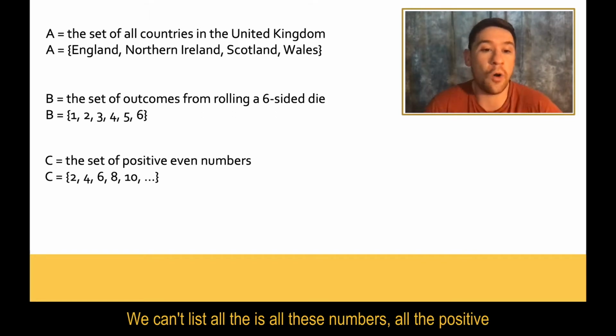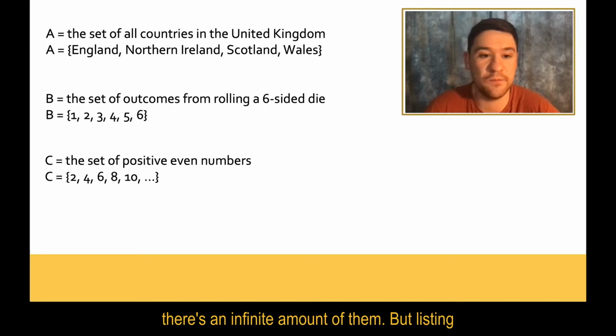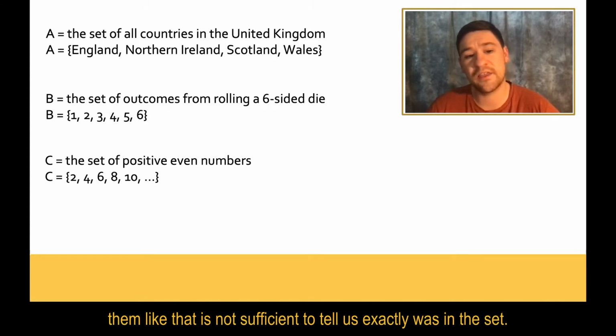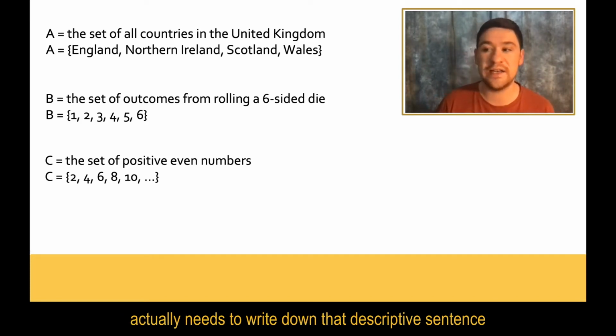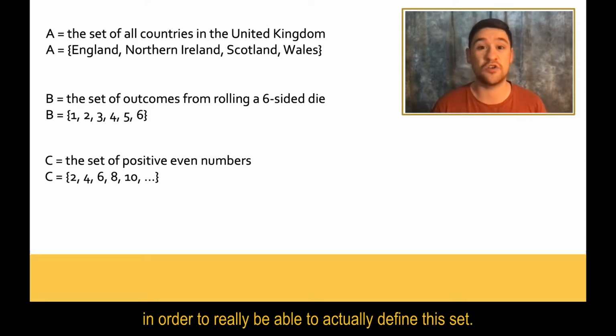We can't list all the positive even numbers, because there's an infinite amount of them. Listing them like that is not sufficient to tell us exactly what is in this set. So here's an example of a set where we actually need to write down that descriptive sentence in order to really define this set.